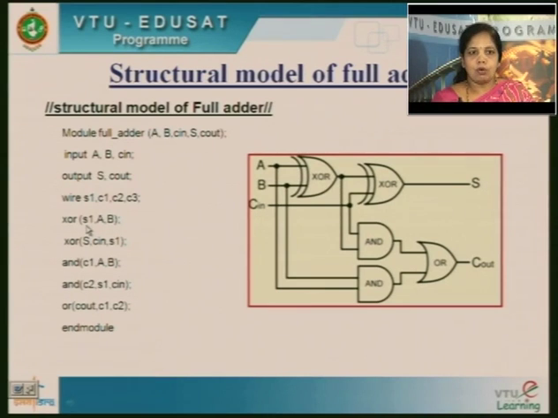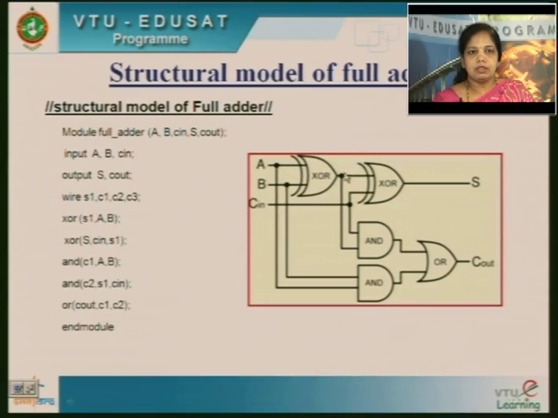First is the output in the port list, and this will be S1, and the inputs are A and B. For the second XOR gate, the output is S, the input is C in, and the output of the first gate will become an input.